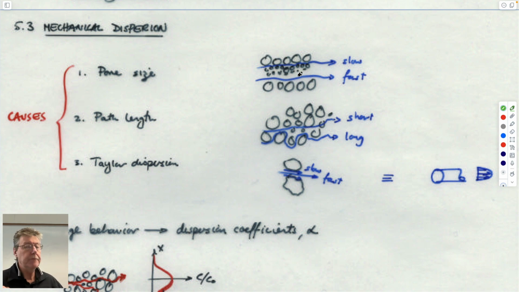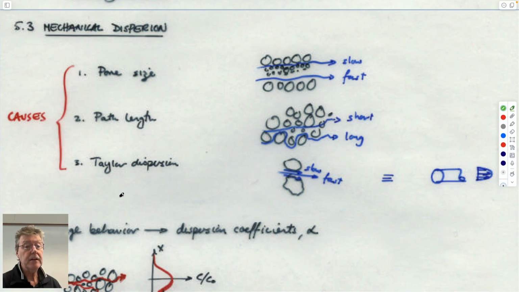So it will get stretched out. That's also true in a heterogeneous medium for long and short paths. I guess these are kind of the same. This is a pore size effect. This is a path length, which you could imagine being due to pore sizes.